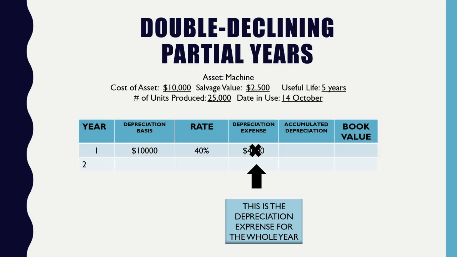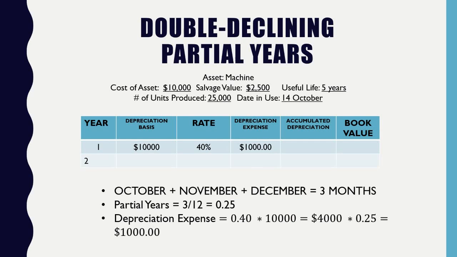So how do I figure this out in my depreciation expense? Well, if I know $4,000 is for the whole year, how can I convert it to reflect that I only want to do it for 3 months out of 12? I need to figure out how many months I'm actually going to be depreciating it. In this case, I'm going to be depreciating it for 3 out of 12 months, okay?